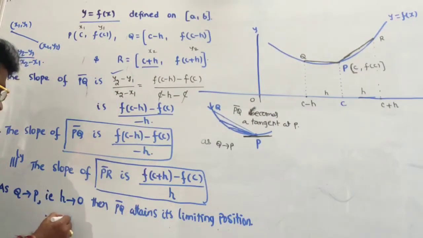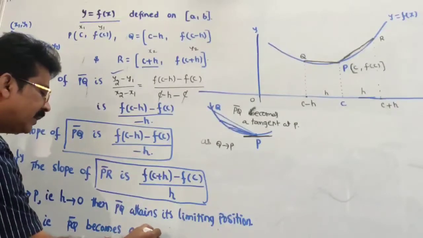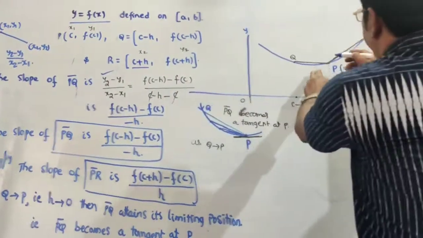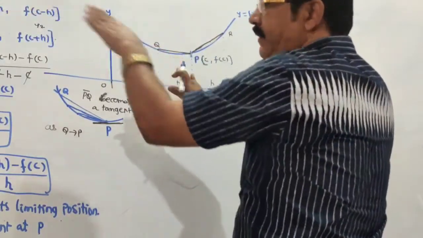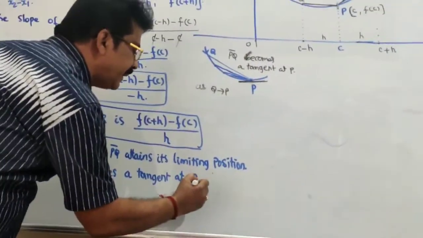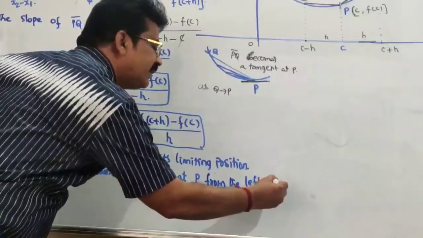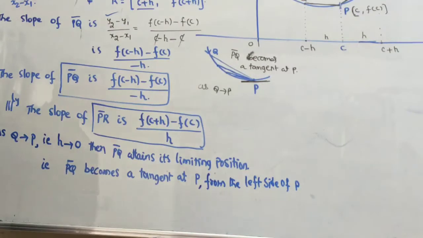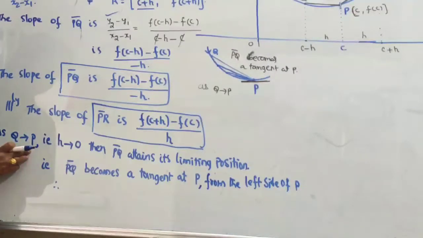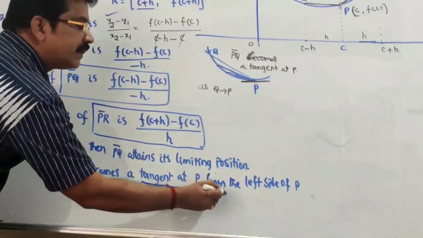That is, the chord PQ bar becomes a tangent at capital P. Here capital P is here, Q is on the left side of P, R is on the right side of P. So PQ becomes a tangent at capital P from the left side of P. So now after Q approaches P, or h approaches 0, this chord becomes a tangent at capital P, that is from the left side of P.